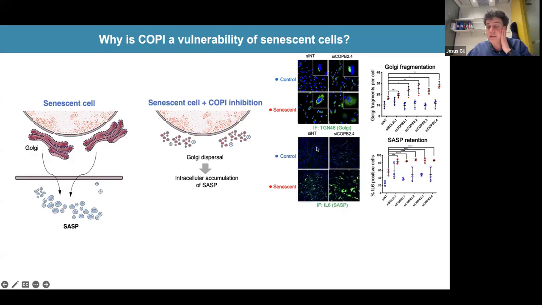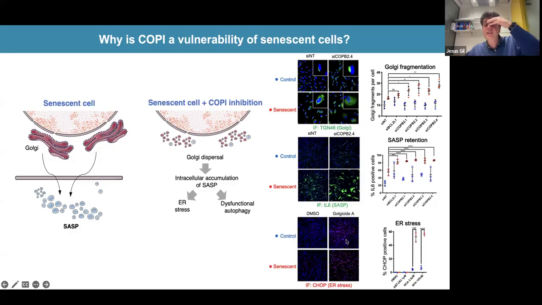For example, we can see here the intracellular staining for IL-6. Senescent cells per se are producing more IL-6 because they are producing more SASP. But when we knock down COPB2, we can see this accumulation of intracellular aberrant IL-6. And this aberrant accumulation of intracellular proteins will saturate the autophagy machinery and cause ER stress.